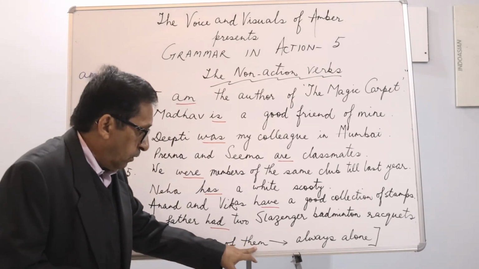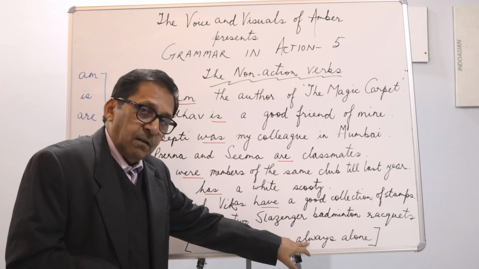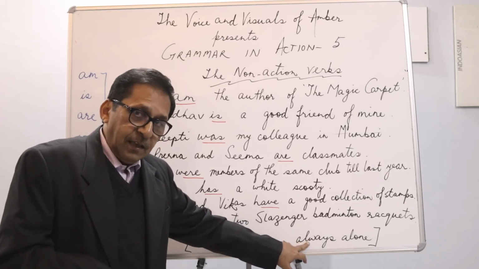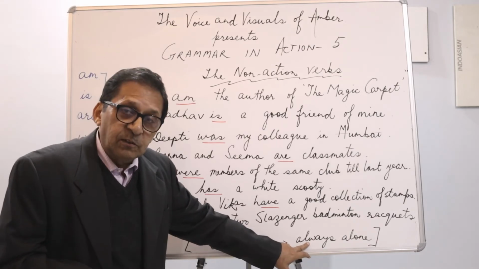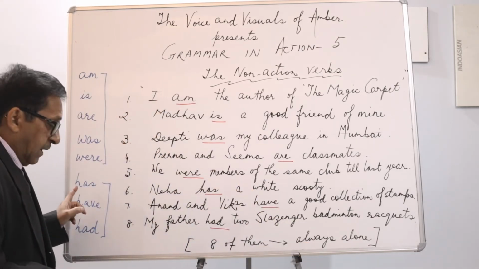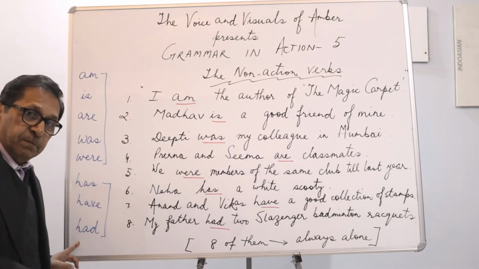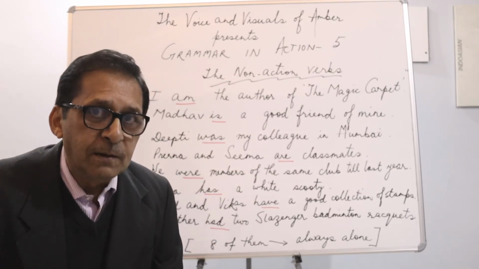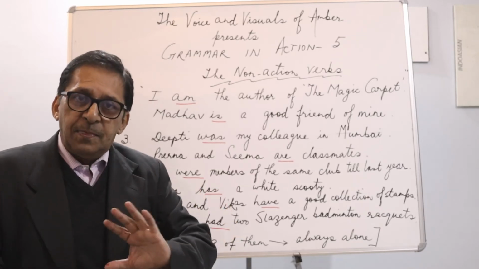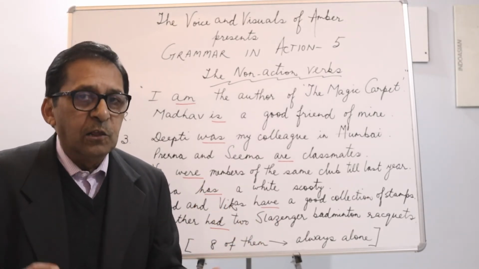So the most important characteristic of a to-be verb, or a non-action verb, a to-be verb or a verb of possession, is that it has no companion, no other doing word to go along with it.